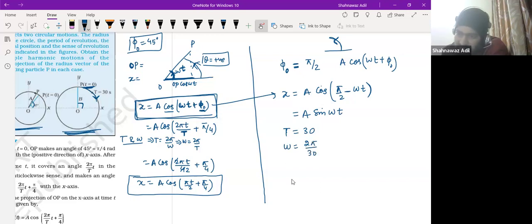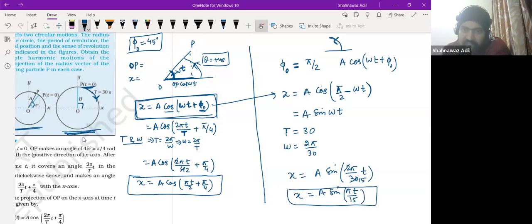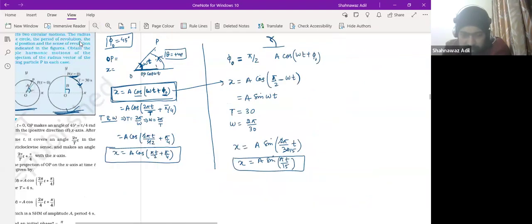If you write this value, x would be A sine(2 pi by 30 seconds into t), so A sine(pi t by 15). This is the answer for the second one. Is it clear, guys? If it is clear, then quickly note it down, and if you have any question, please let me know.